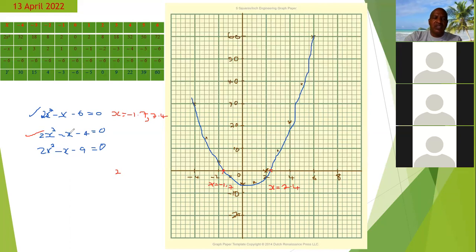Now in order to use the same graph to solve this equation, what we want to do is to add a number to 4 to get it to be negative 6, as in the first equation. What would you add to negative 4 to give you a negative 6? Negative 2, sir. Negative 2. So on this side, you would add negative 2.